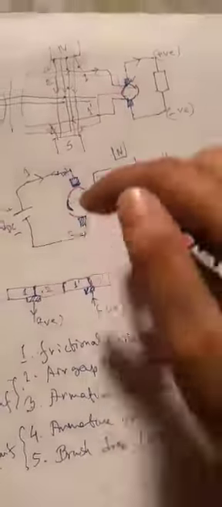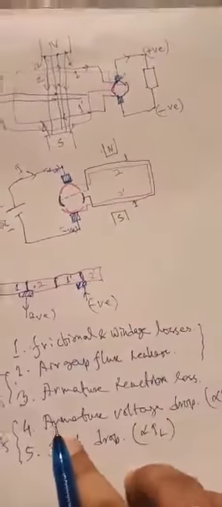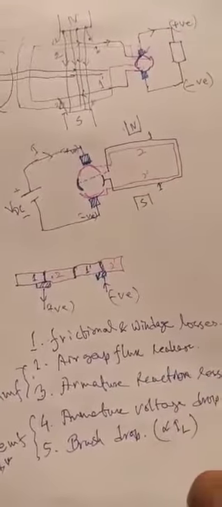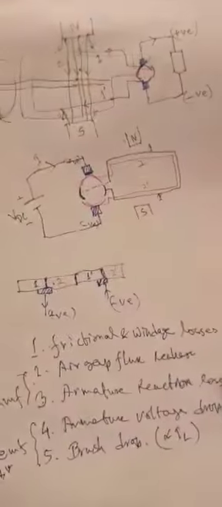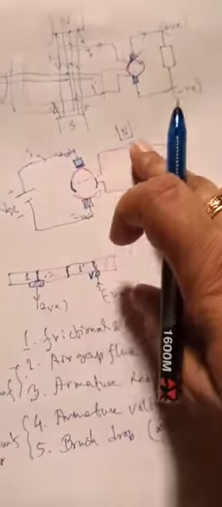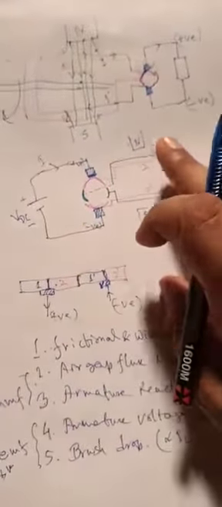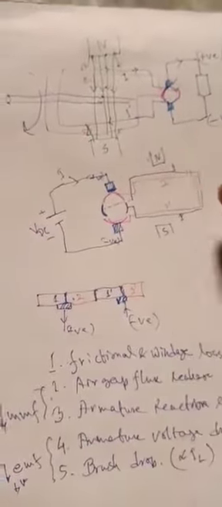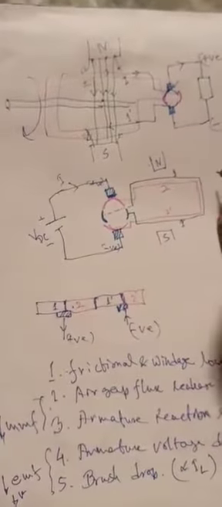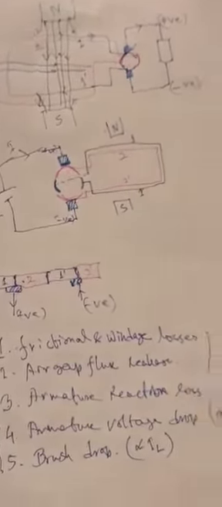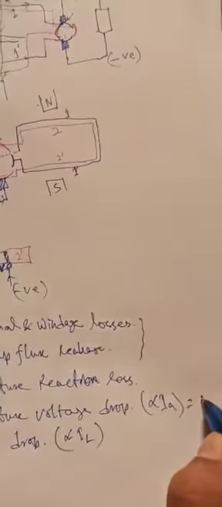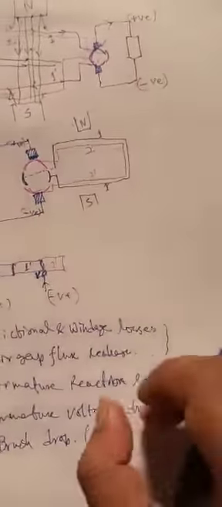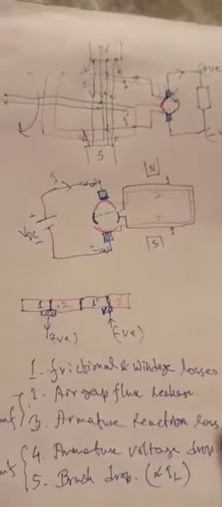After that, when it comes inside the armature, the voltage will drop, due to the current carrying through the armature. The nature of this drop will be resistive, and the value of the drop will be equivalent to IA RA, where RA is the armature resistance.